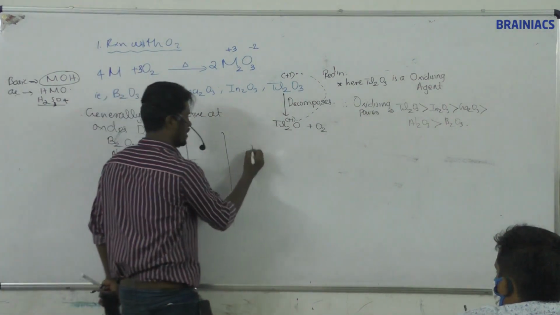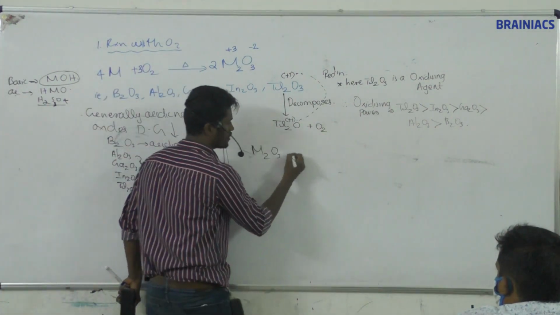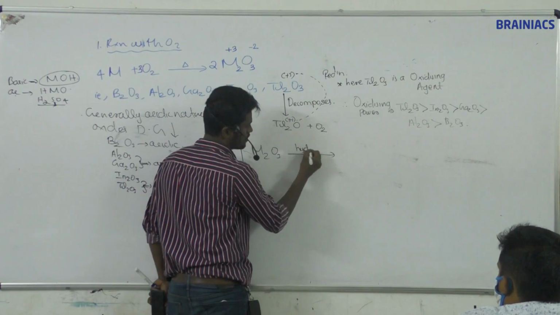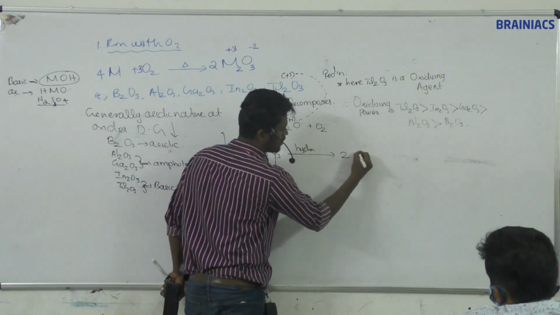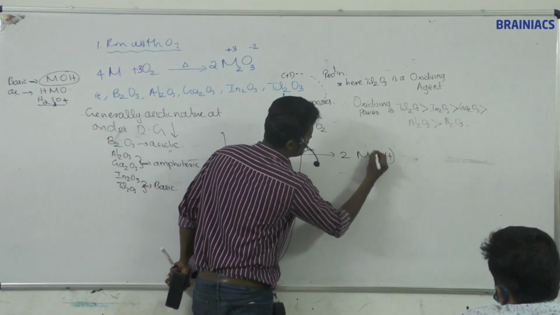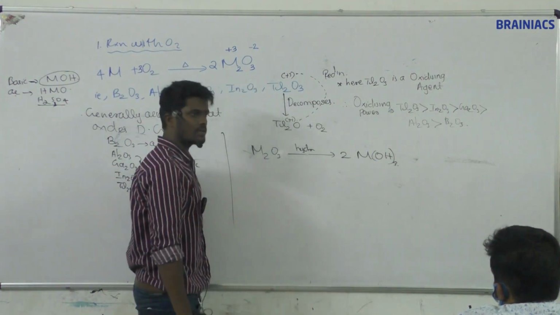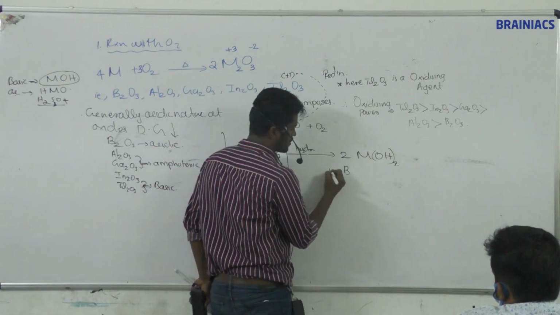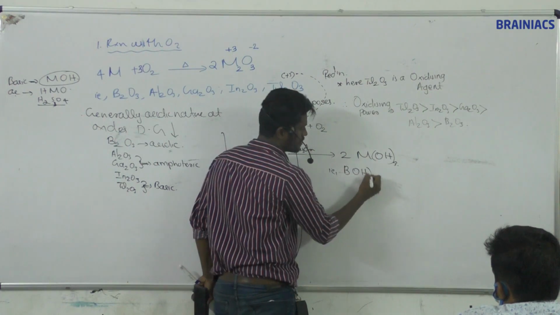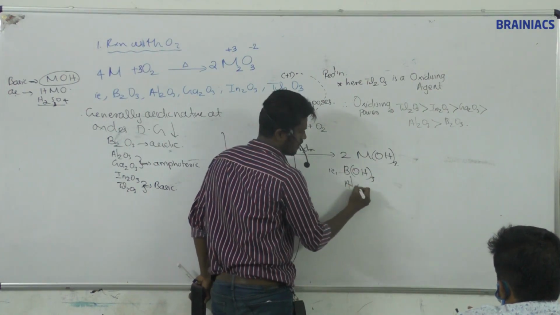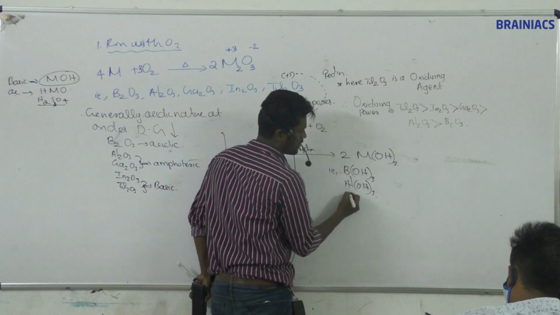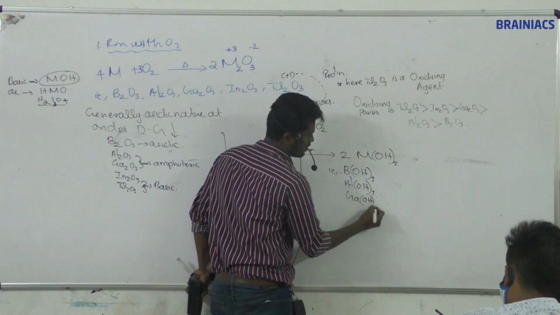So here M2O3 on hydrolysis gives the corresponding M(OH)3, that is B(OH)3, Al(OH)3, Ga(OH)3.